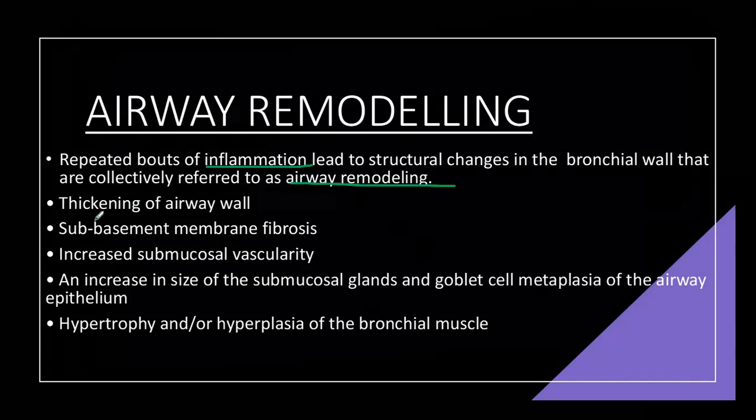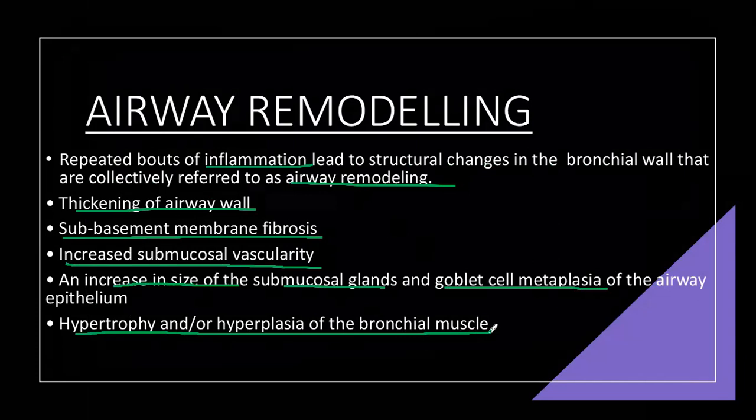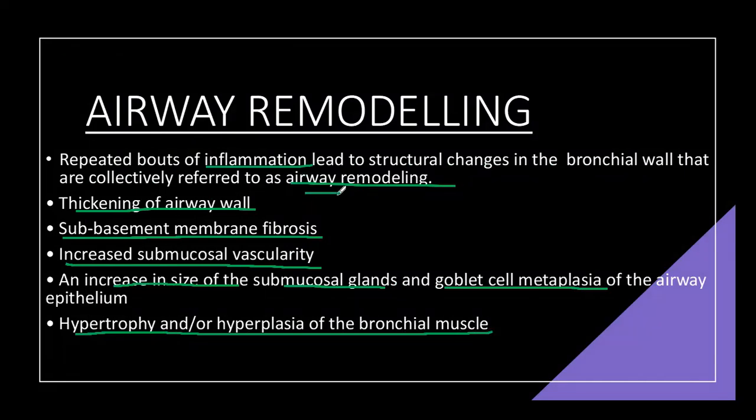This will include weakening of the airway wall, subbasement membrane fibrosis, increased submucosal vascularity. Also, there'll be an increase in the size of the submucosal gland and goblet cell metaplasia of the airway epithelium. Also, there'll be hypertrophy and or hyperplasia of the bronchial muscle. So this is what constitutes the airway remodeling.